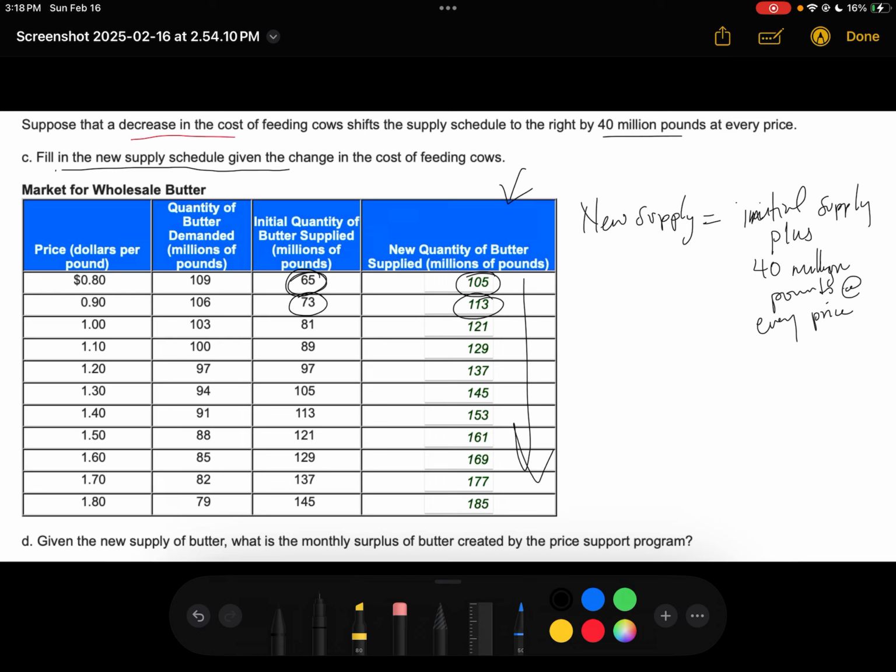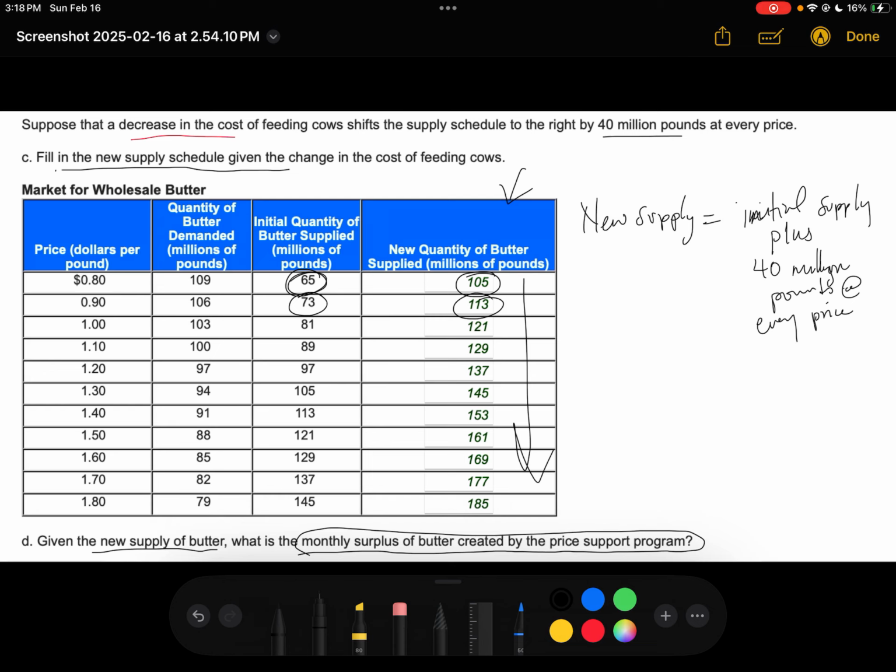So you do that summation until you fill in this entire column. Now, for some serious work in addition to what we have already done, given the new supply of butter, what is the monthly surplus created by the price support program? The way you want to do this one is graph the new supply and the initial demand and find their equilibrium point.